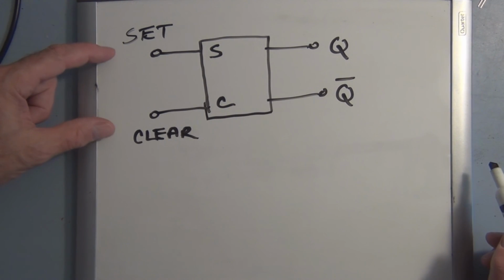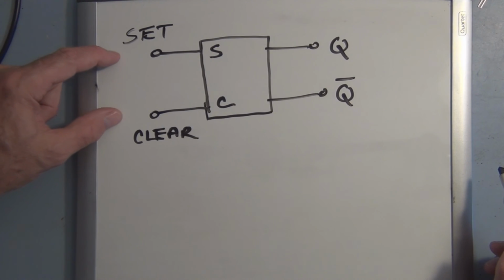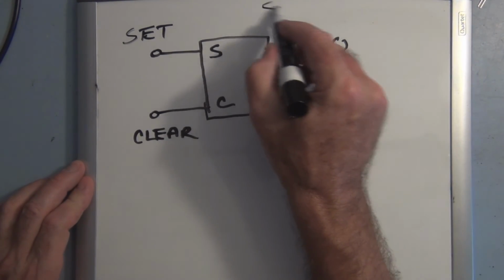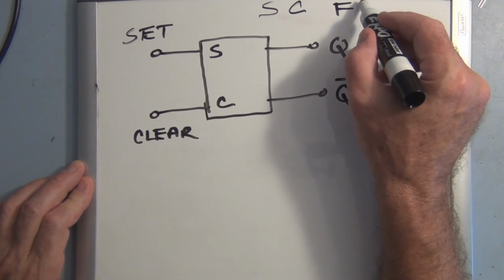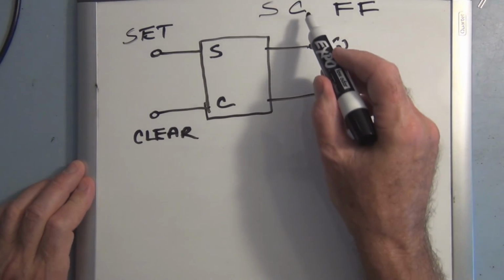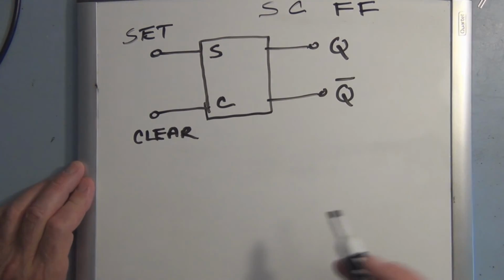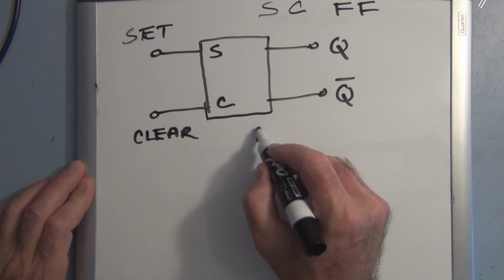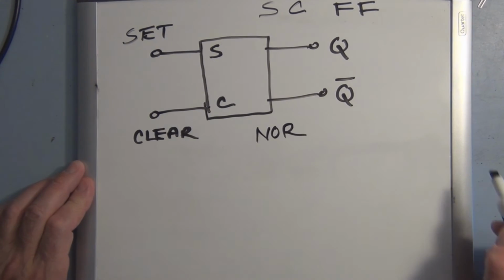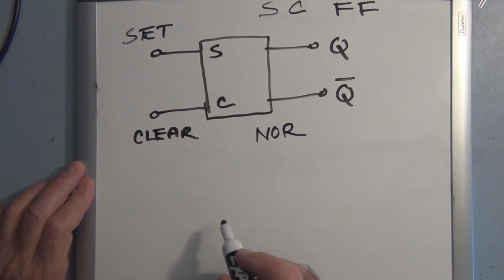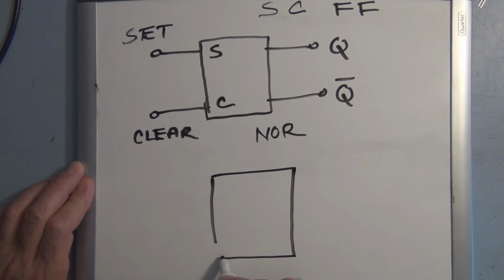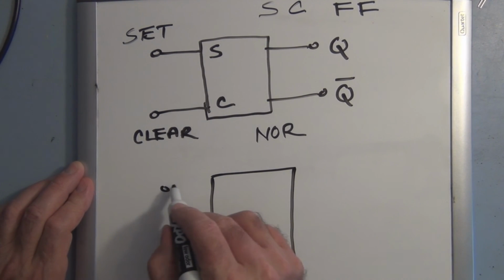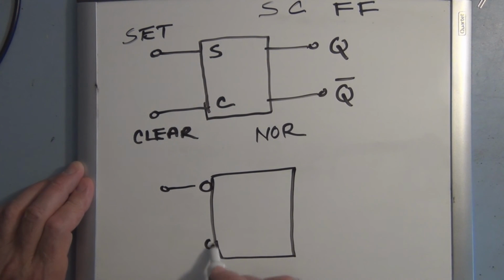And incidentally, not surprisingly, this is called a set clear, or SC type of flip-flop. So it's a basic set clear flip-flop. And this particular one is made from NOR gates. And the NAND gate, since it responds to low levels at its inputs, it'll have a small circle indicating that it responds to lows.